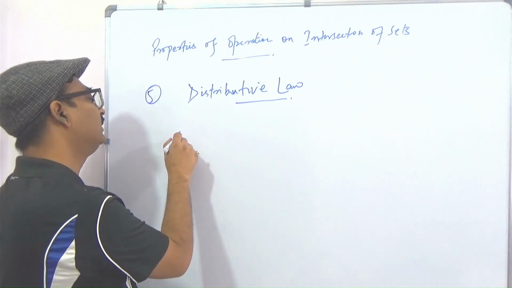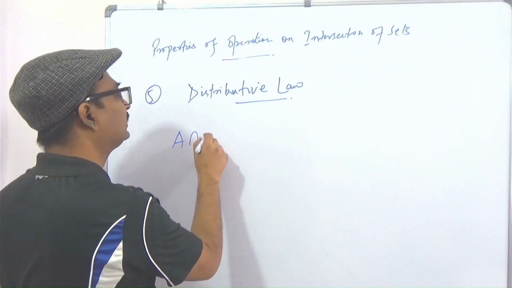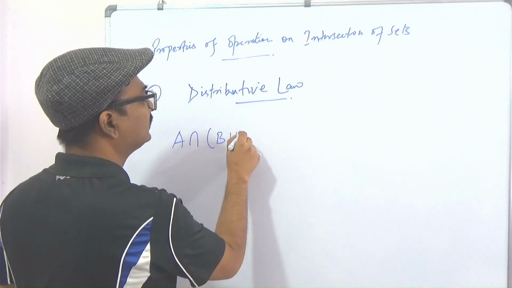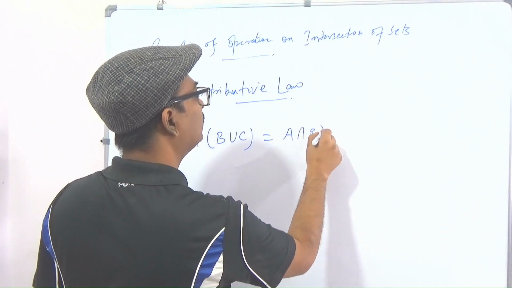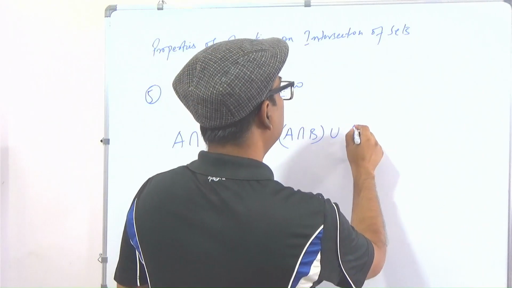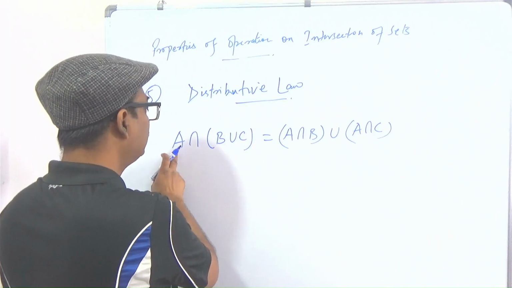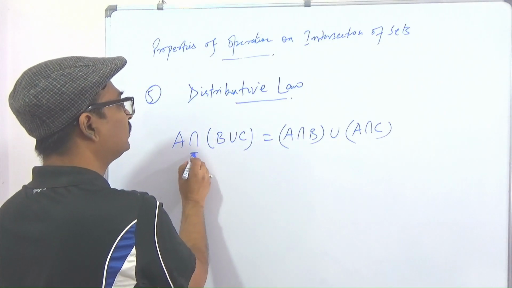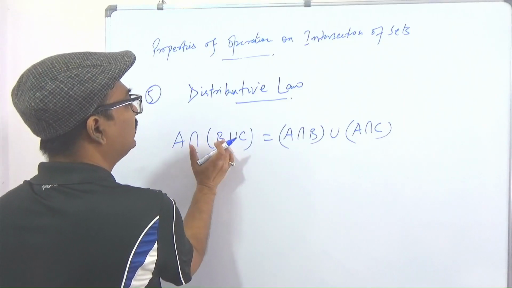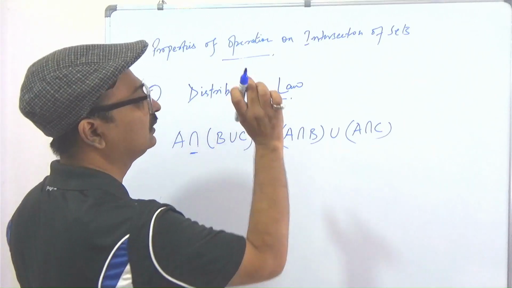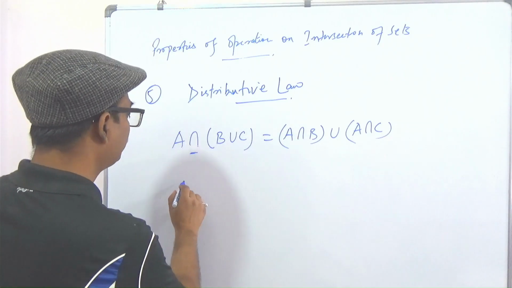It says A intersection B union C is A intersection B union A intersection C. That is, this intersection symbol distributes over B and C. This is the distributive law. We can see it through a Venn diagram.